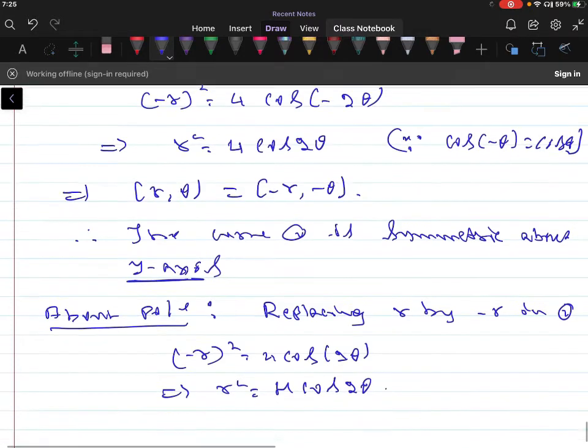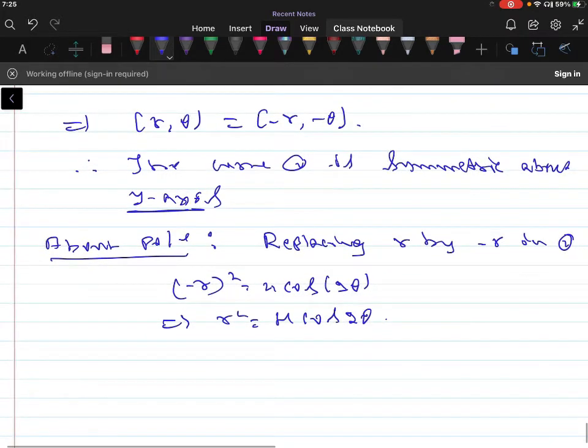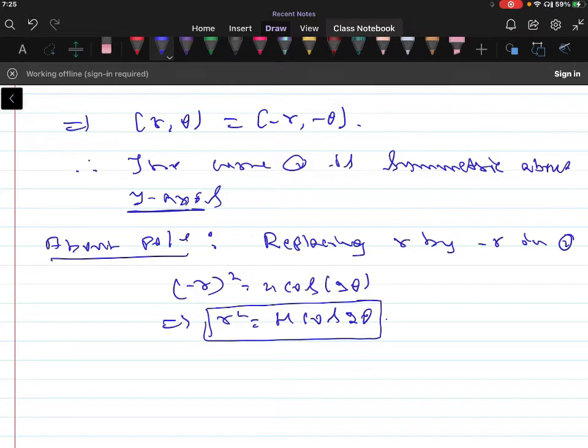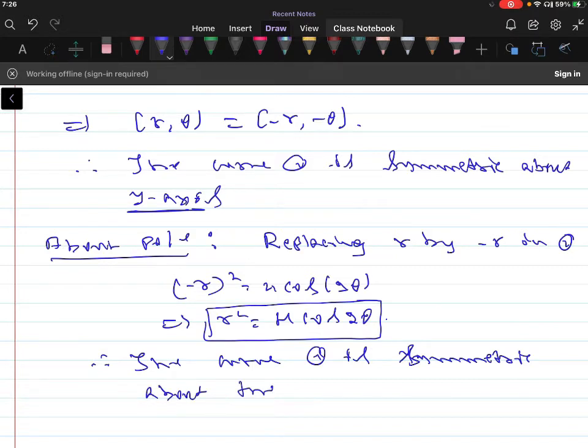So if you change r by minus r, we get back to equation 1. Therefore the curve 1 is symmetric about the pole, since r comma theta is the same as minus r comma theta.